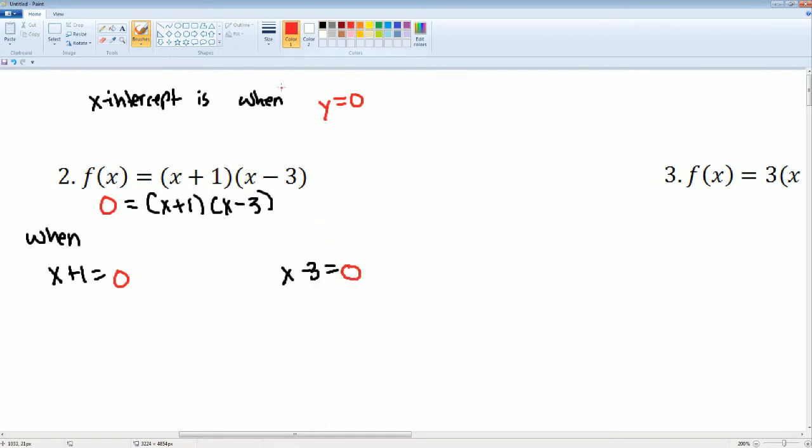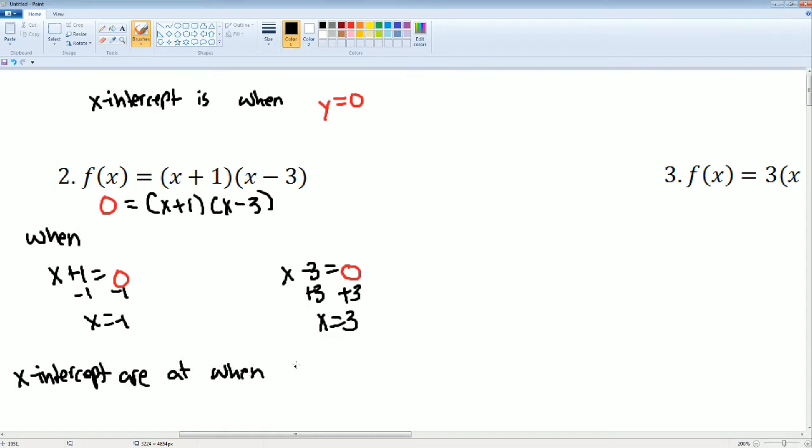All right, so here, let's do some algebra. Minus 1, x is equal to negative 1. Plus 3, x is equal to 3. So we would say your x-intercepts are when x is equal to negative 1 and when x is equal to 3.